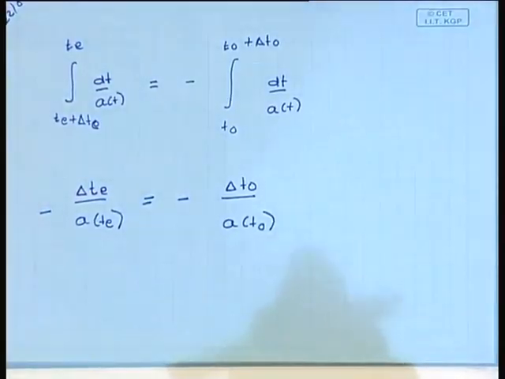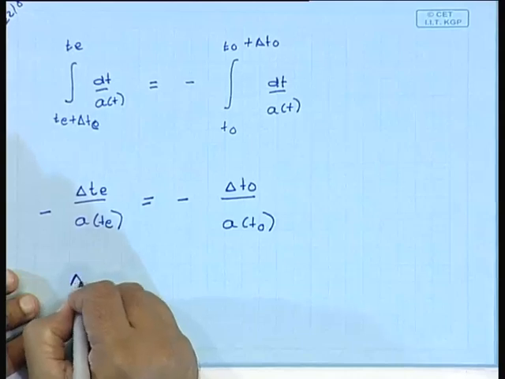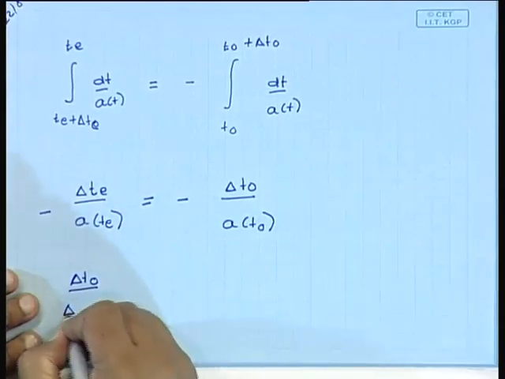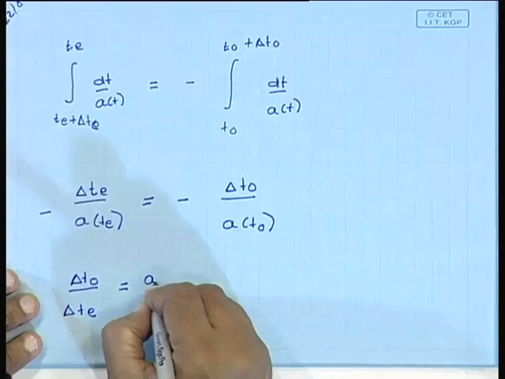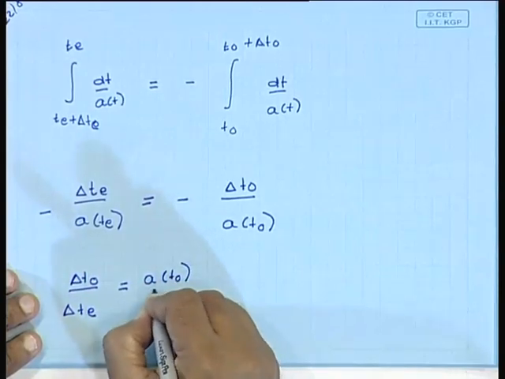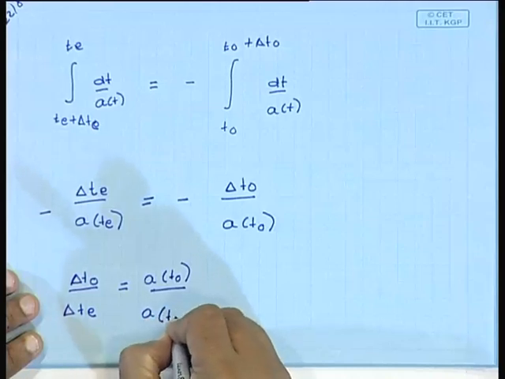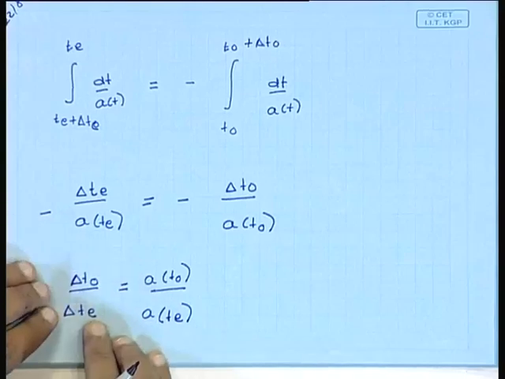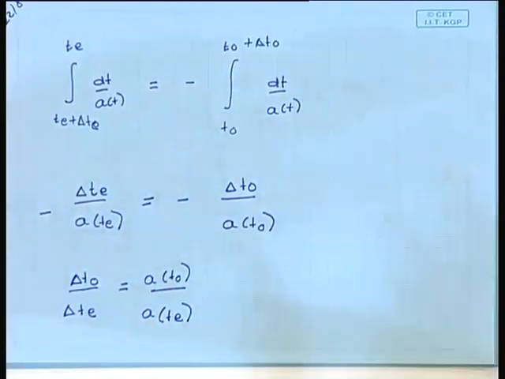Delta T observed by delta T emitted is equal to a observed by a emitted, right. So, this gets scaled by exactly the amount by which the scale of the universe expands.